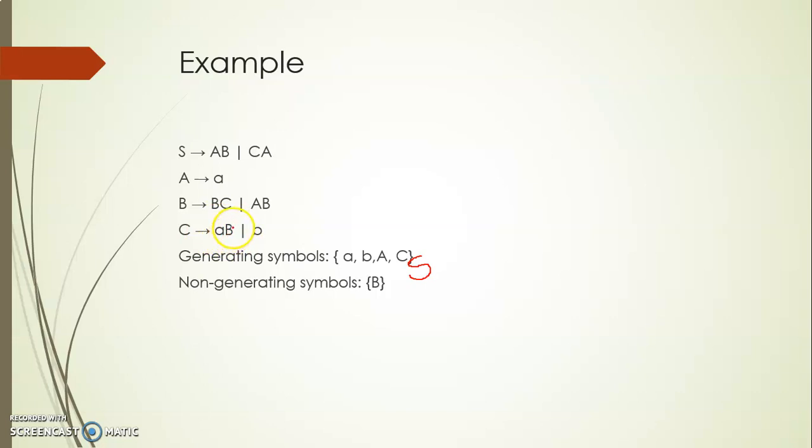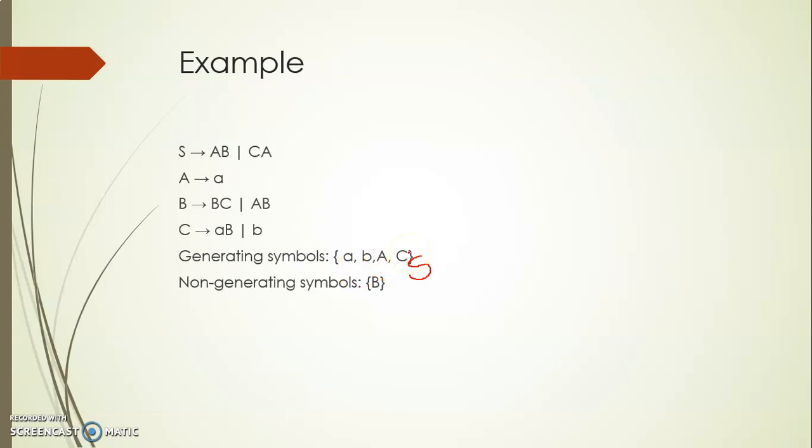When I see this B, I do not know whether it is generating or non-generating. So for the time being, I leave this option. Then the second option is again made up of only a terminal symbol. Since it contains one option made up of only a terminal symbol, I am including that as a generating symbol. So now in the second iteration, I have included the non-terminal C as generating.